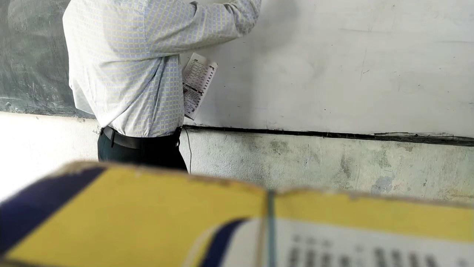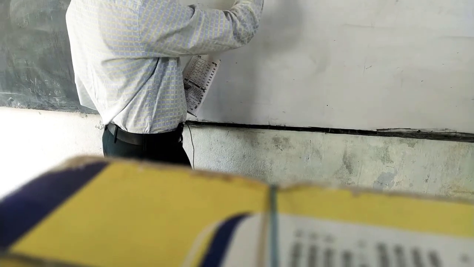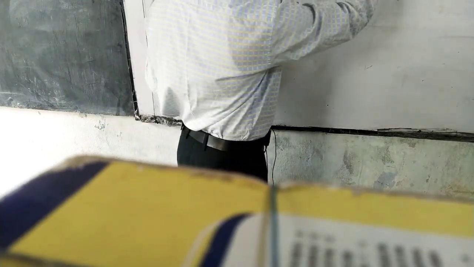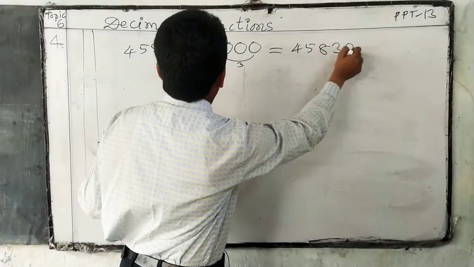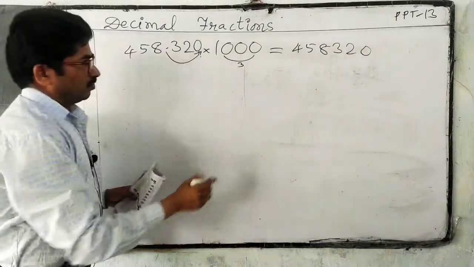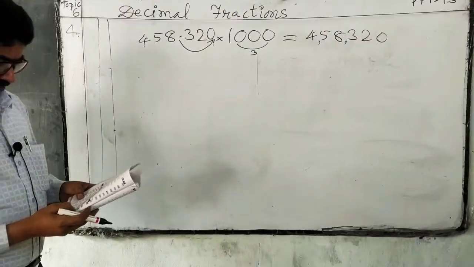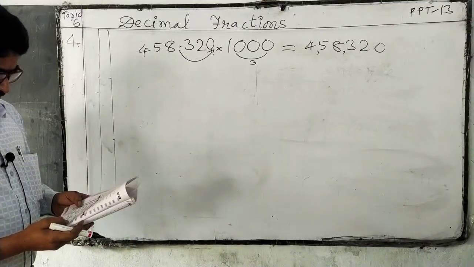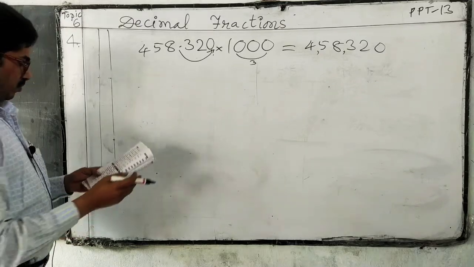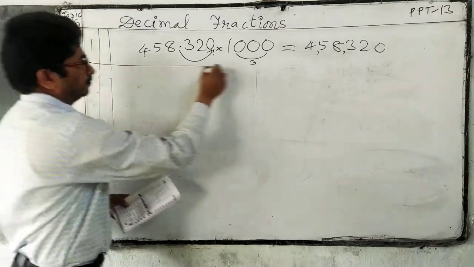Here we have 3 zeros, so that's why we have to shift the decimal to the right by 3 places. 4,58,320. Option 1.